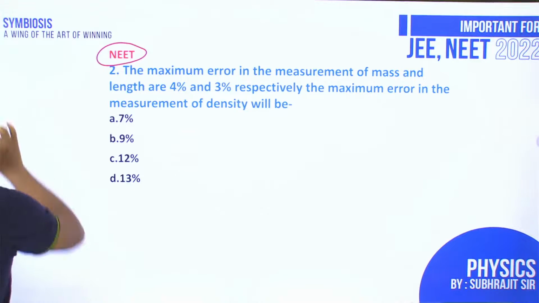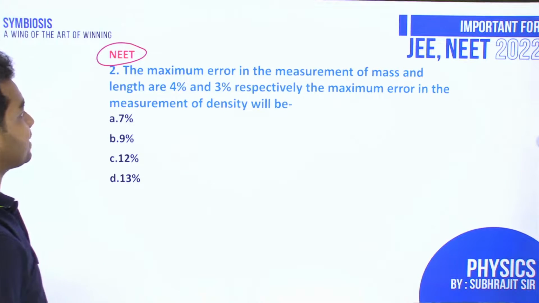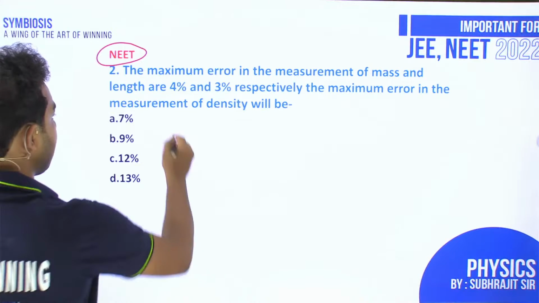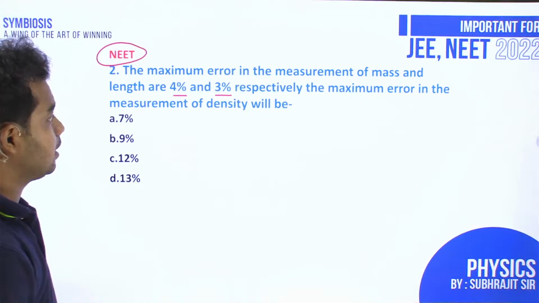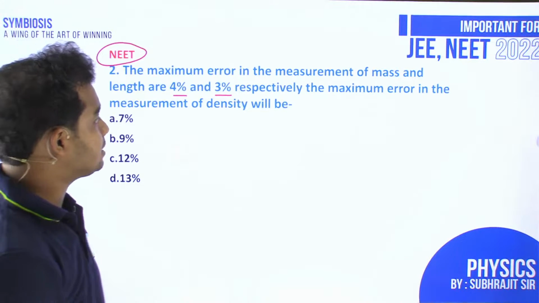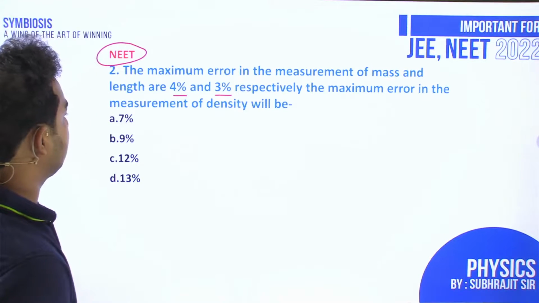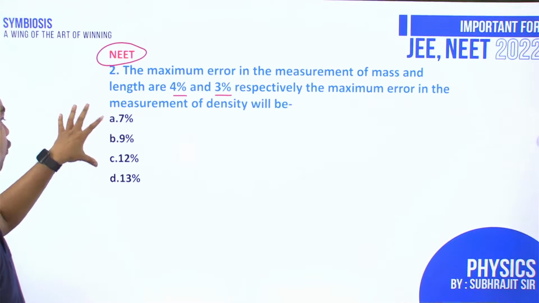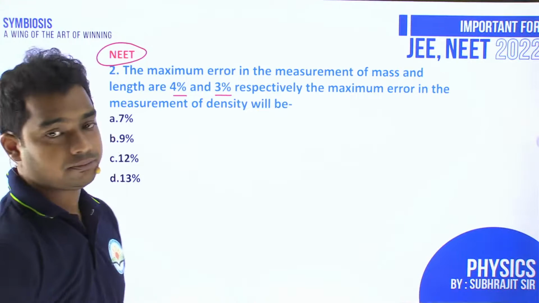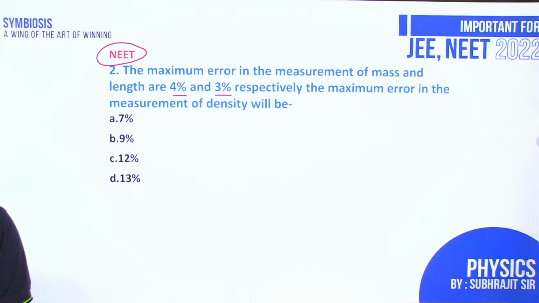The maximum errors in the measurement of mass and length are 4% and 3% respectively, and the question is the maximum error in the measurement of density will be. Here are the 4 options. Now answer everyone.